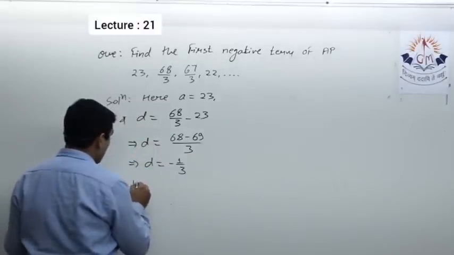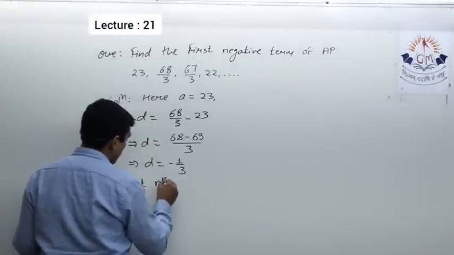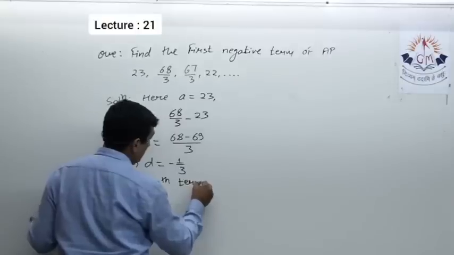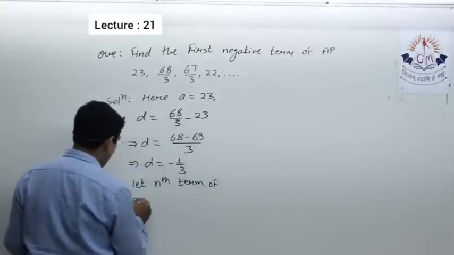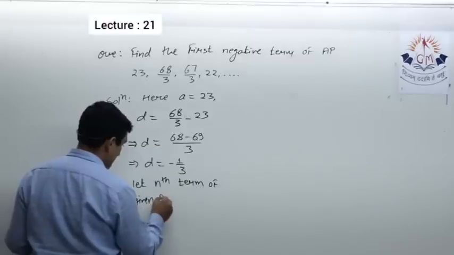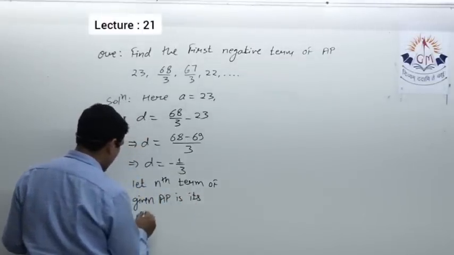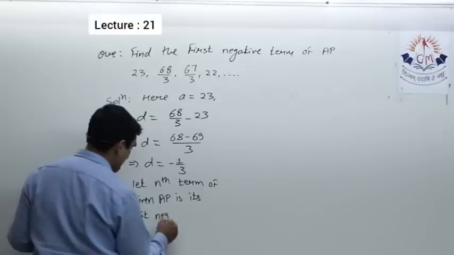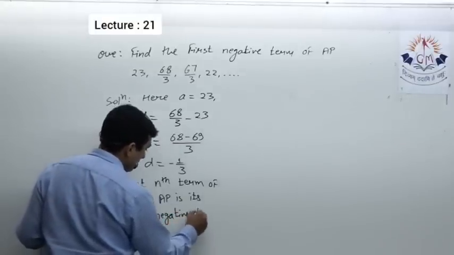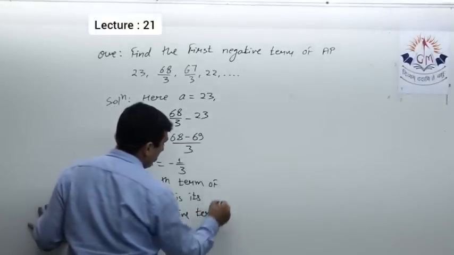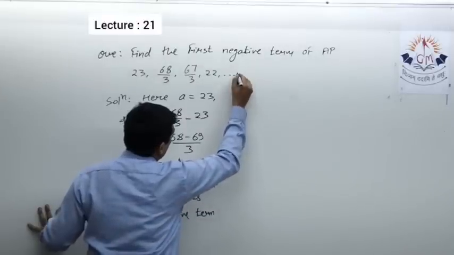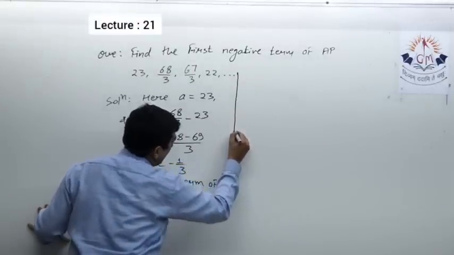So let the nth term of the given AP be its first negative term. I am assuming the nth term of the given AP is the first negative term.